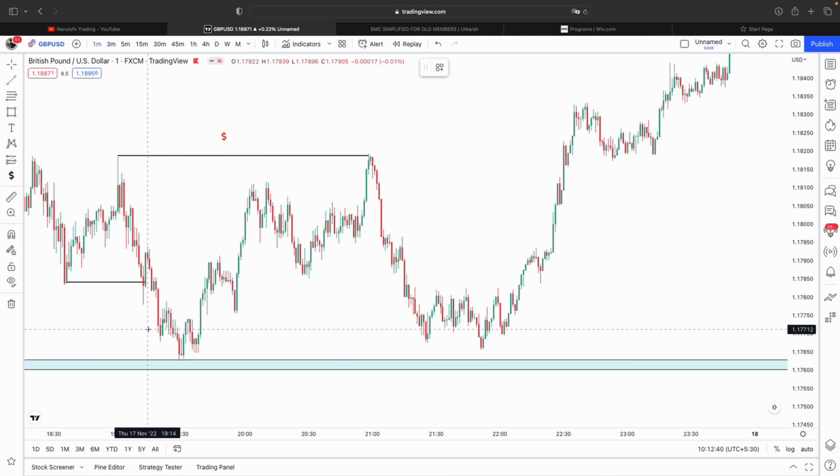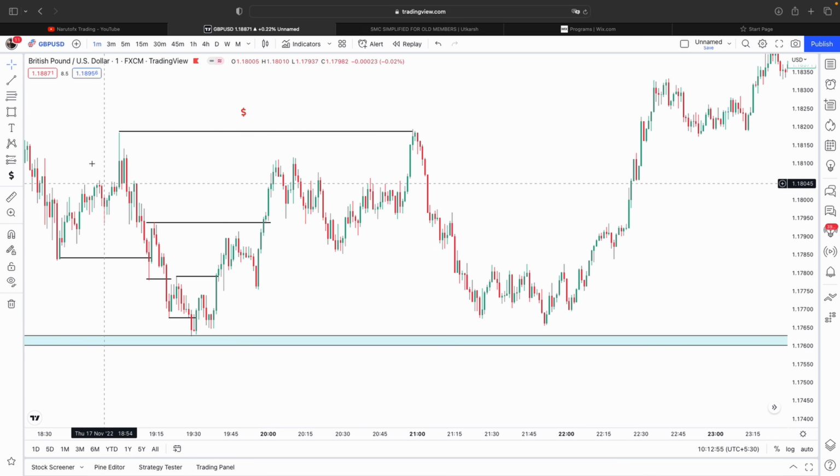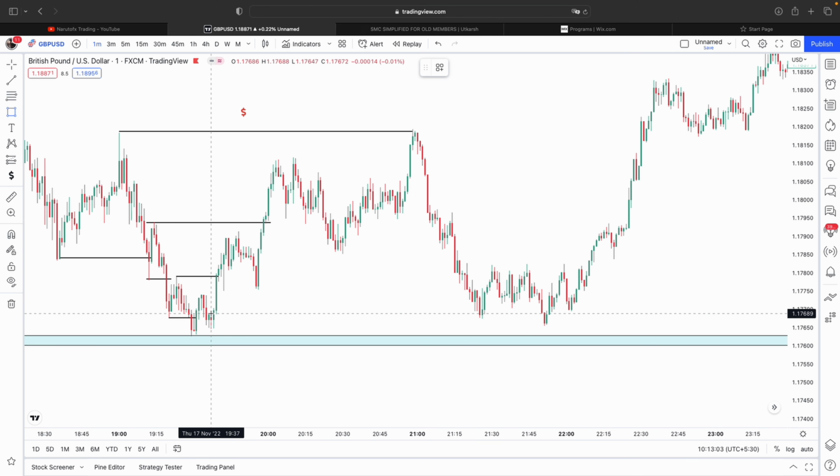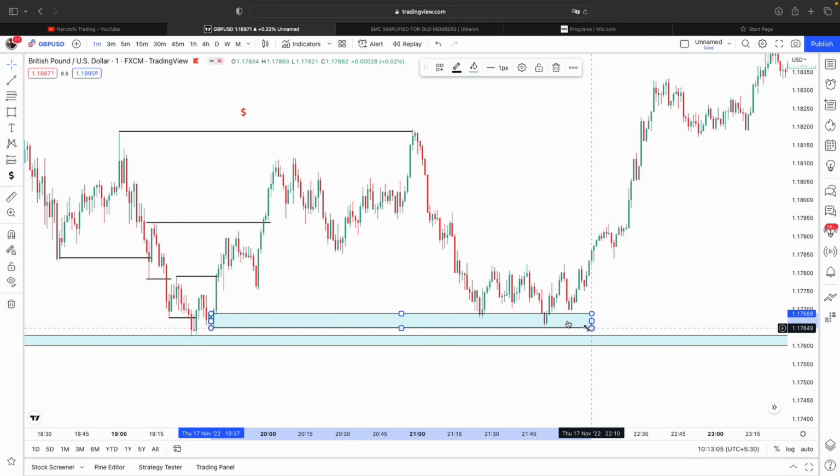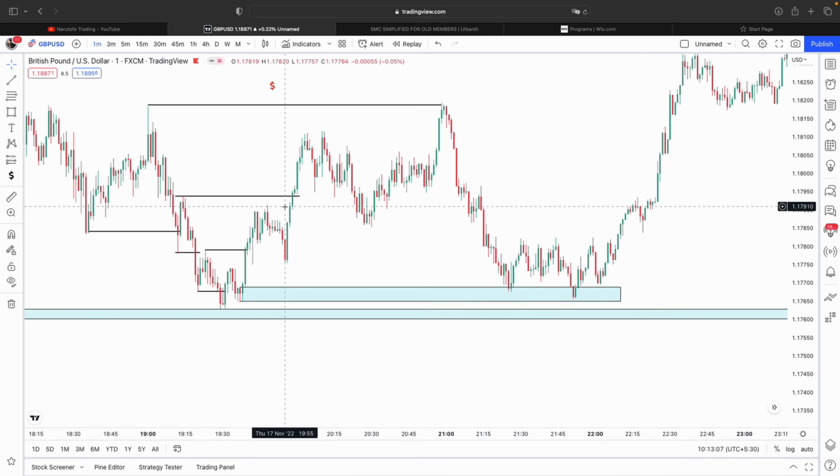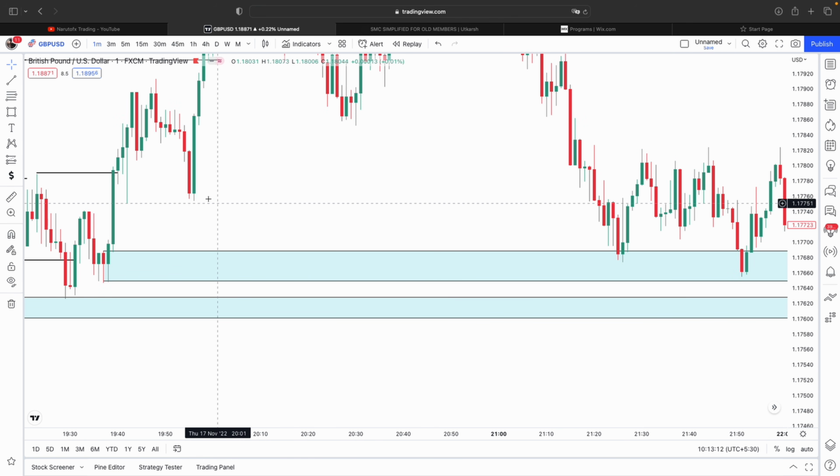As we mark lower time frame structures again, we are marking the clearest structure, which clearly broke this zone. This is the candle which broke the zone. Now how will we mark this perfect order block again? First, we will mark the pivot range.